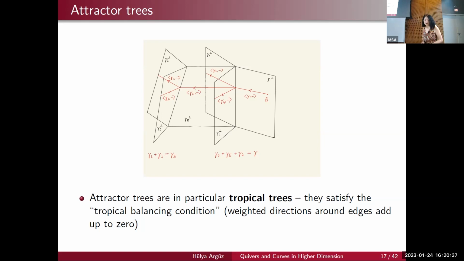So in this story, what is challenging is the fact that in the paper of Kontsevich-Soibelman, like in this picture here, you can have arbitrary trees with arbitrary valencies, although they are tropical trees, by which I mean they satisfy some tropical balancing condition, which means around every vertex, you can look at some weighted direction vectors and you impose them to be zero.